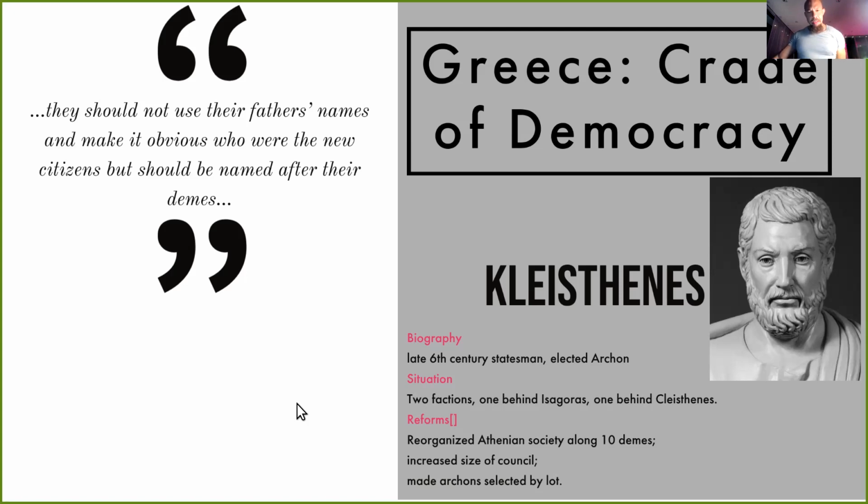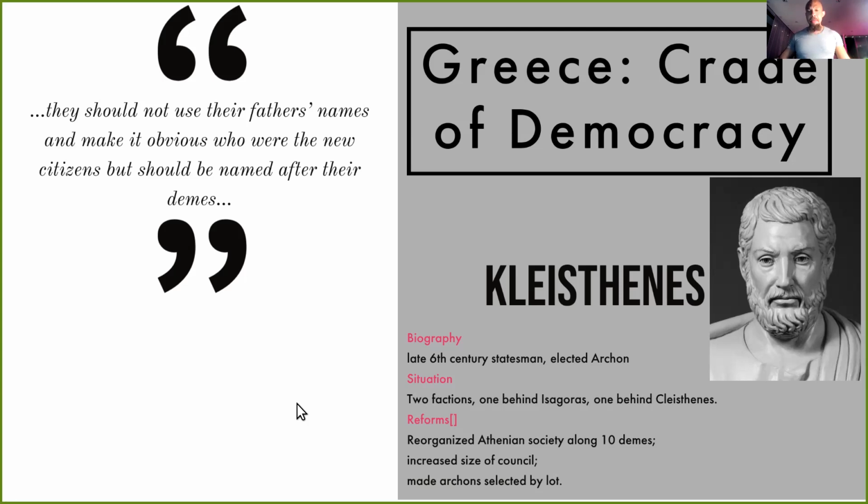So Kleisthenes was from a noble family who actually sat on the Areopagus for most of the history of Athens. And he lived in the late 6th century, was a statesman, and he was elected archon. And actually, he ruled in a time, again, as did Solon, of conflict and strife.